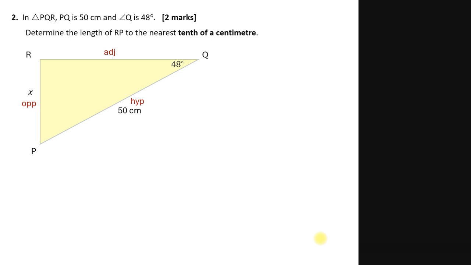The trig ratio that deals with opposites and hypotenuse is the sine. So we can say the sine of 48 equals opposite over hypotenuse. Specifically, we can say the sine of 48 equals x over 50. X, therefore, will equal 50 times the sine of 48.